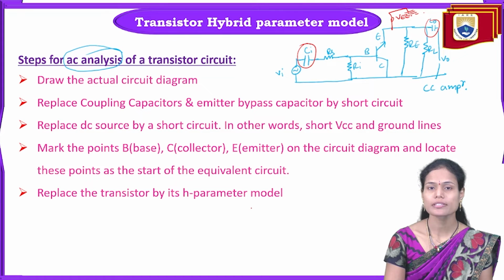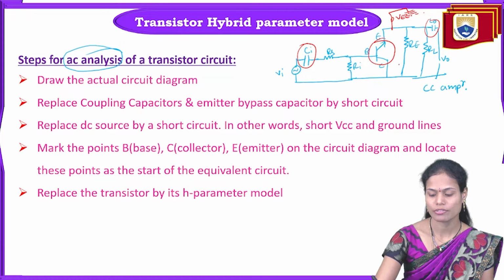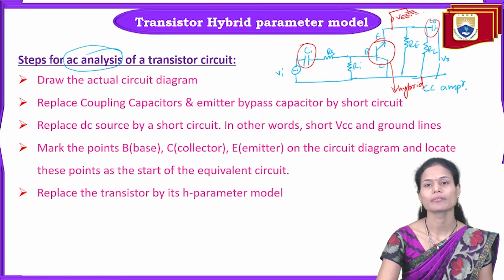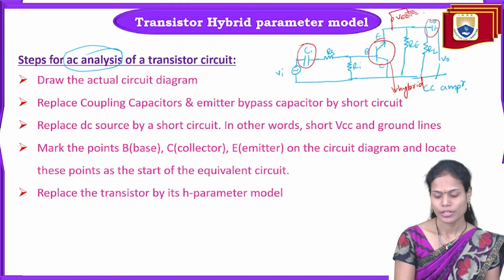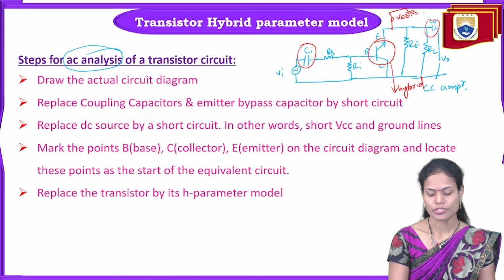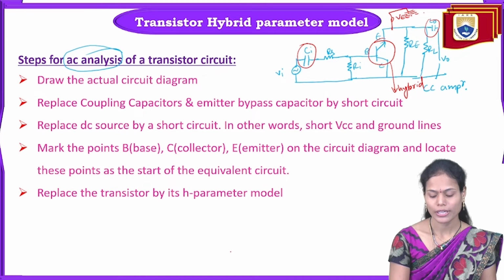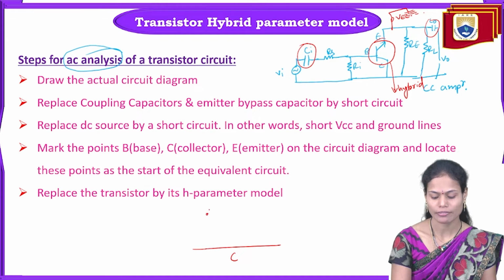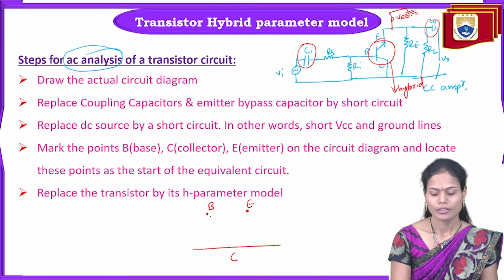And next, replace this transistor with its hybrid equivalent model, or H parameter model. So here, if I am representing the transistor with the hybrid equivalent circuit, in the common collector the collector is the common terminal, and here we are having the base as well as the emitter.